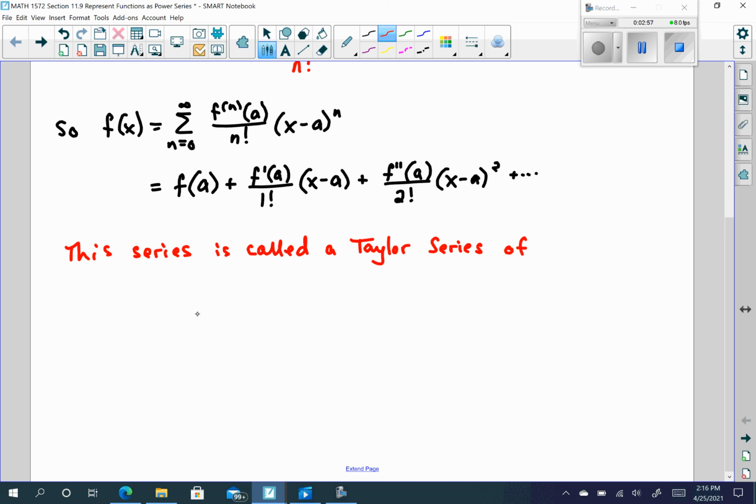And we call it either a Taylor series of the function f at x equals a, or a Taylor series centered at x equals a.